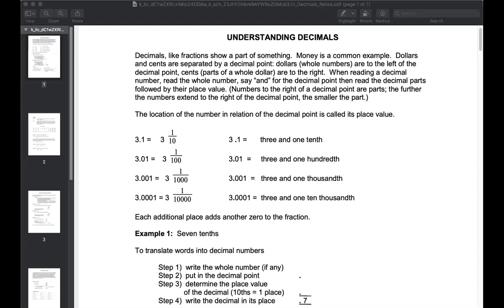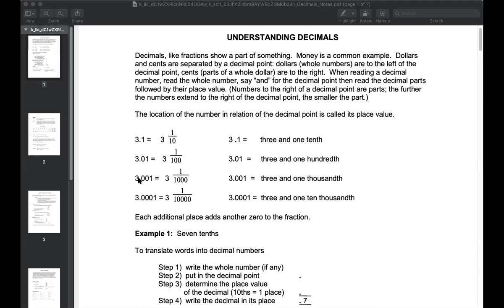A decimal is any number that has a comma. Okay, yes. So yes, internationally, any number that has a comma is a decimal, right? Here in the US, we use a dot or a period to indicate a decimal. And we use commas to indicate thousands and millions. But yes, that's correct.